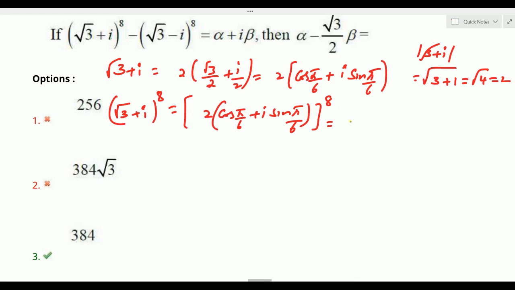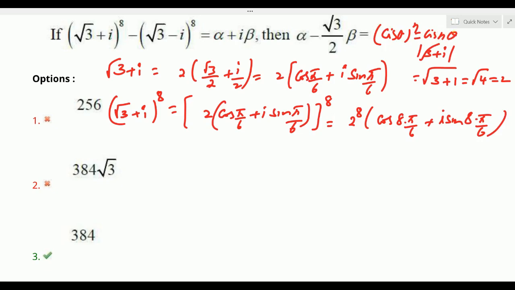So now 2 power 8 into, according to De Moivre's theorem, we can write this as cos 8 into pi by 6 plus i sin 8 into pi by 6. తెలుసు కదా De Moivre's theorem. According to De Moivre's theorem, (cis theta) whole power n we can write as cis n theta. n అంటే ఇక్కడ 8, cis అంటే cos plus i sin.